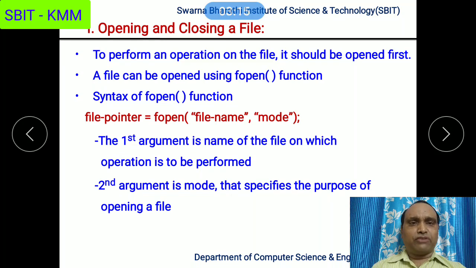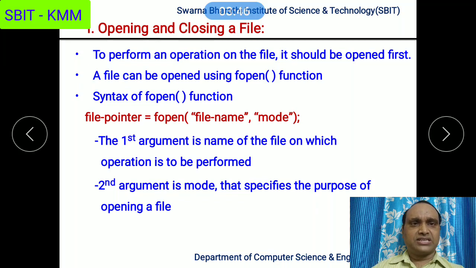So to perform read operation or write operation on the file, the first requirement is you have to open that file. And how do we open a file? In C language, we have a C library function called fopen. So fopen function we can use to perform opening operation on the file.